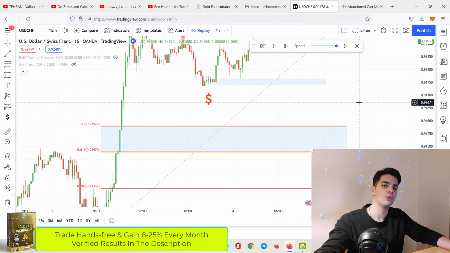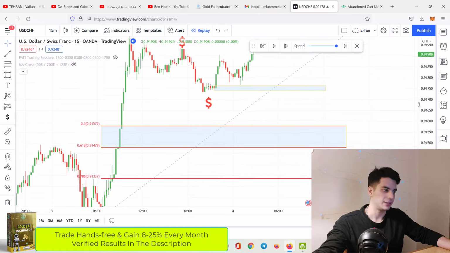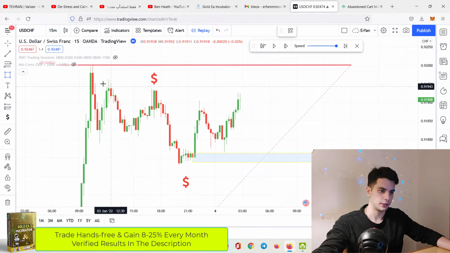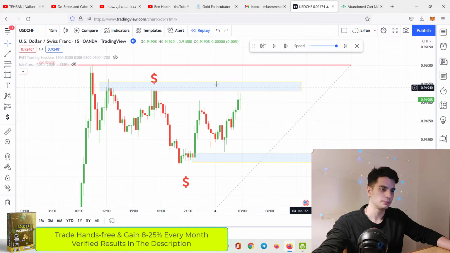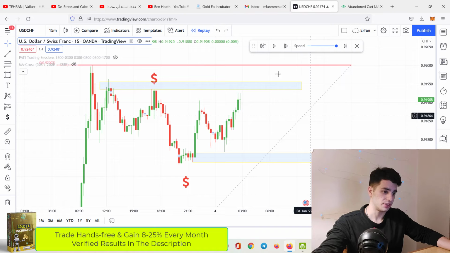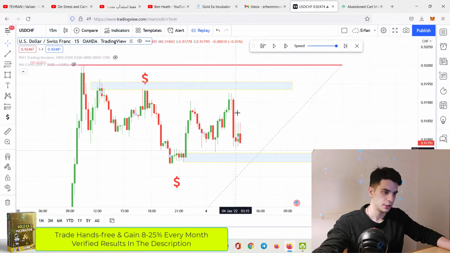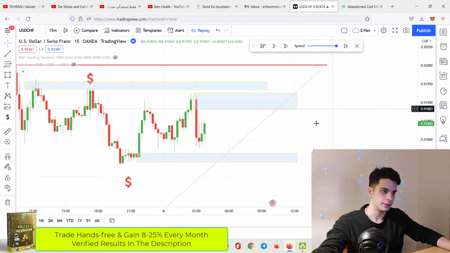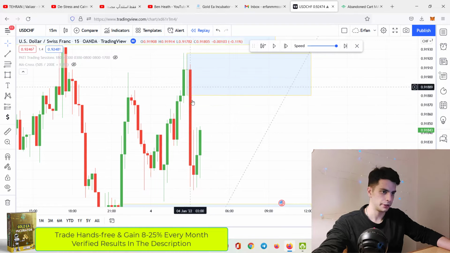So this is what I do every single time: order block, Fibonacci retracement levels, and that's it. We don't have to do something crazy. And also, of course, you can identify your support and resistance levels as well. So for example, we have our support and resistance level here, and then you see how the price reacts. We had a huge drop here, and then right after that it created a little bit of a high probability order block here, because after this huge drop it never came back.